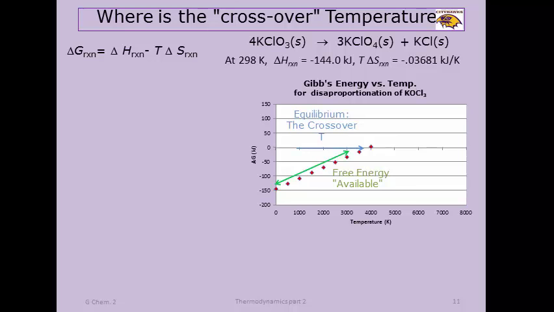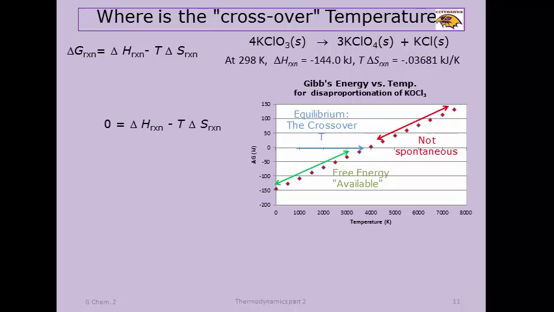We go from where free energy is available, or where it's spontaneous, to where it's at equilibrium and there is no free energy available. And then as you keep raising the temperature above 4,000 K, now all of a sudden the delta G is positive, which means there's no free energy available, and it is no longer spontaneous. If you wanted to run the reaction at these temperatures, you would have to pump in energy from the outside.